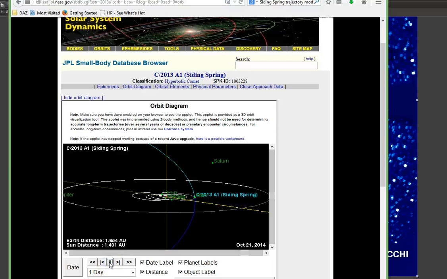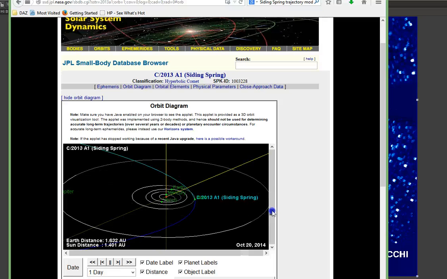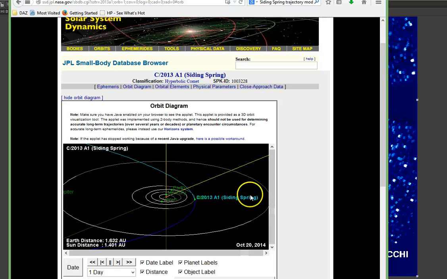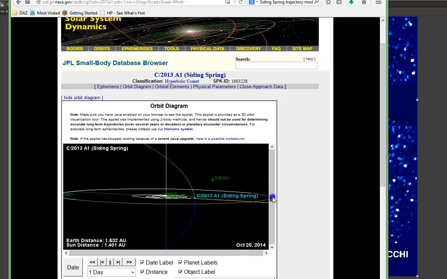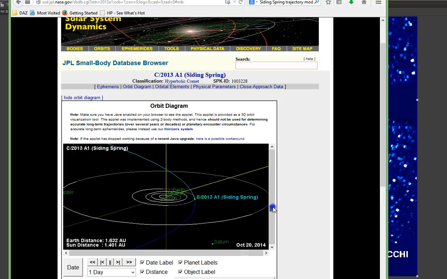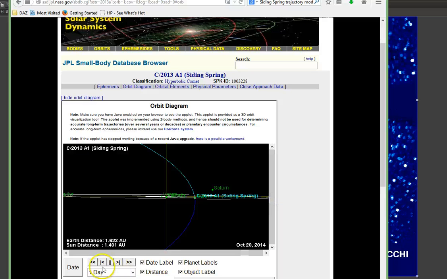Right about there. So, you see the location of Saturn and Mars and the Earth is all pretty much lined up here. This will be important as we look at it. Just looking at how this comet is coming in, tracking.